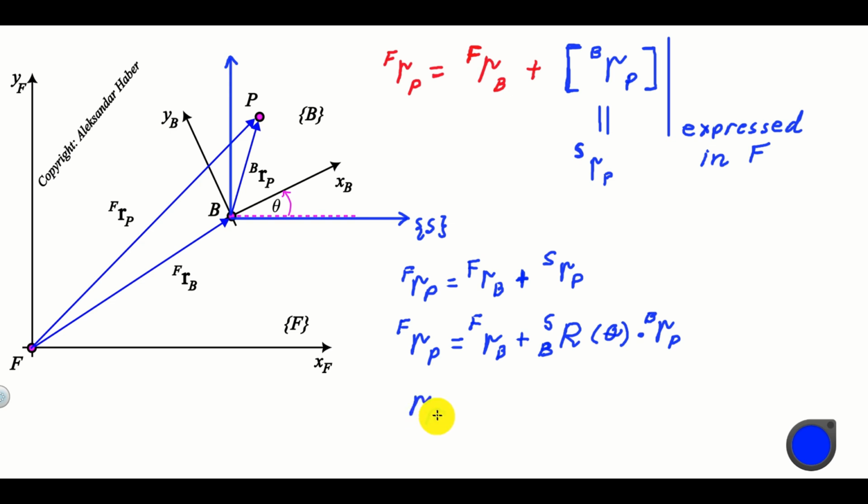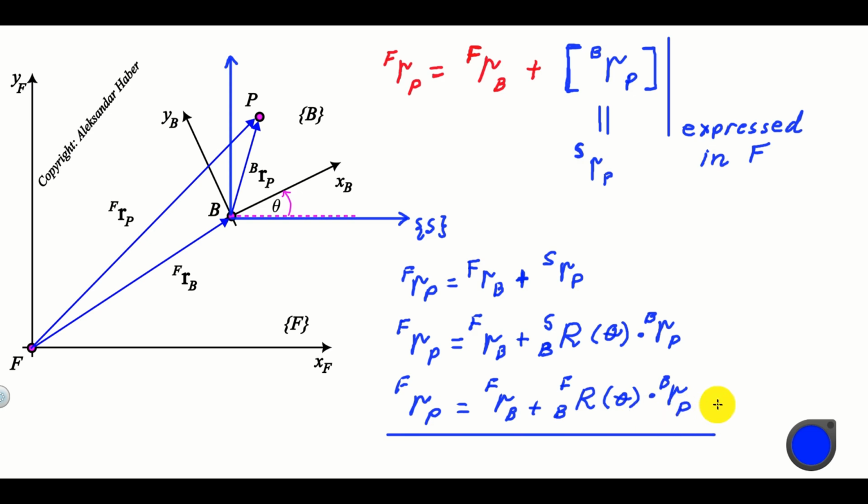Consequently, we can write RPF is equal to RBF plus, over here we will have R, B to F with respect to angle theta, multiplying RP in B. And this is a very important equation.